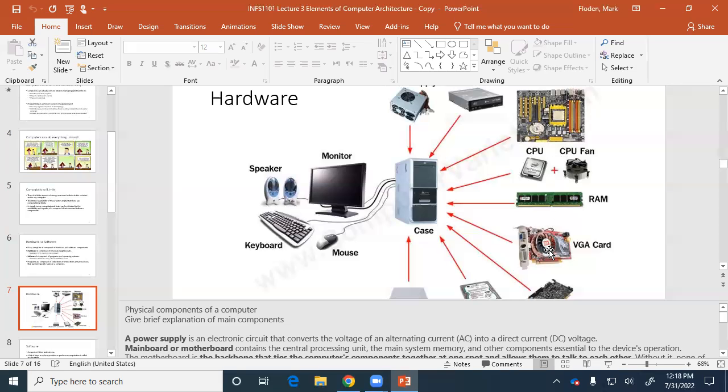A VGA card, again, if you're a gamer, you would probably have a card with a high spec, NVIDIA or something like this. Now you'll notice that this VGA card has another fan on it. That's because VGA cards have their own processor.